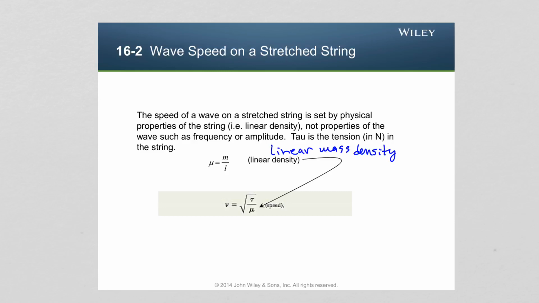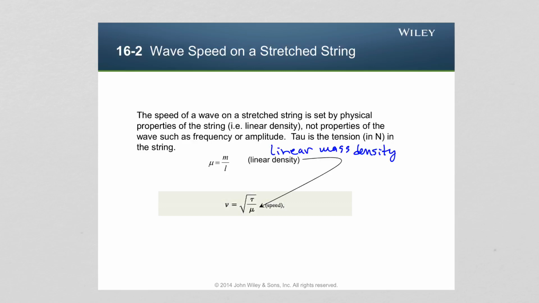And I guess the analogy here to sort of visualize this is a guitar string. So if you take one guitar string and you tighten it a lot and pluck it, you will hear a certain pitch of the sound wave generated by the mechanical wave propagating in the guitar string.